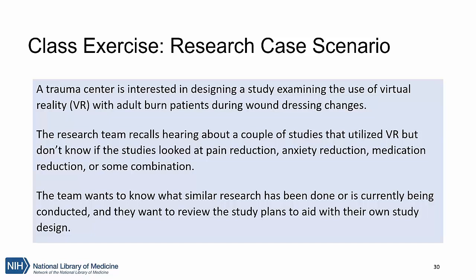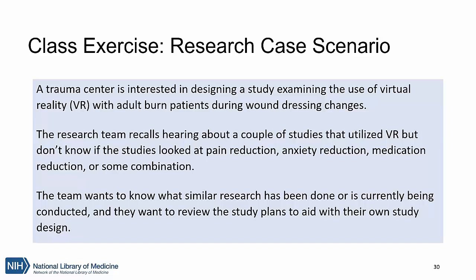So this is your turn to play around with how to find this in ClinicalTrials.gov. It's important to note that there is not one way to do this search. There are multiple approaches. You could use different entry terms or filters.